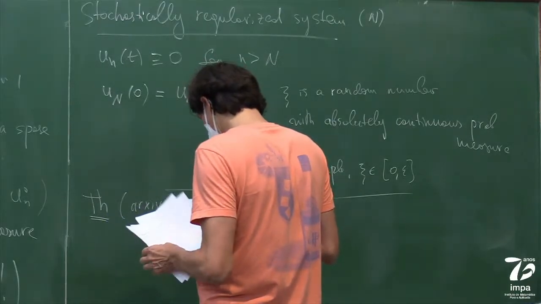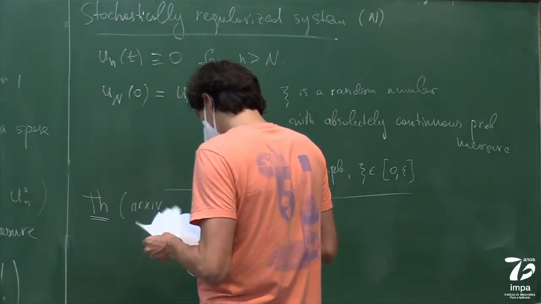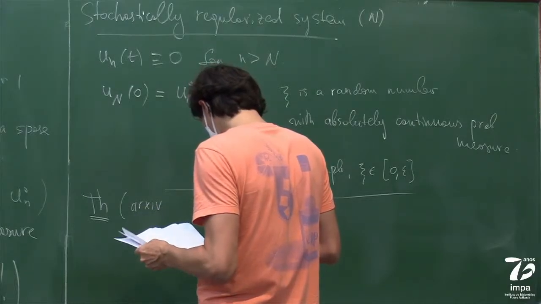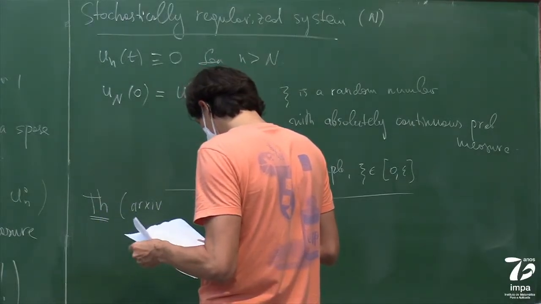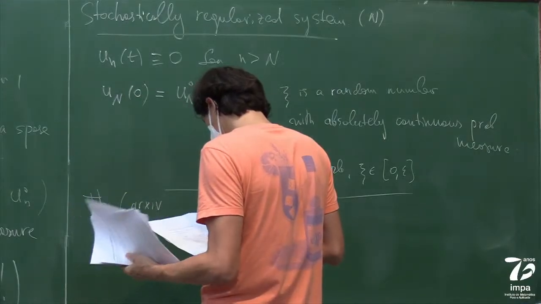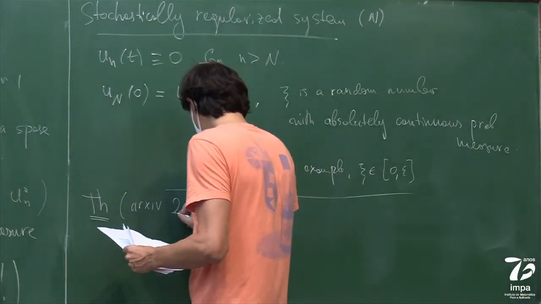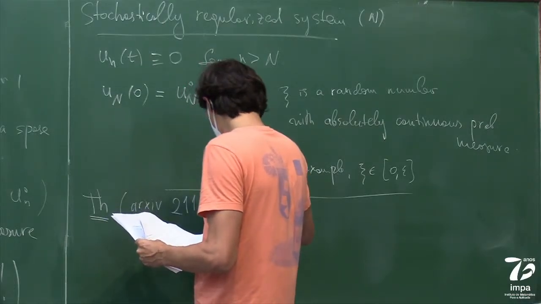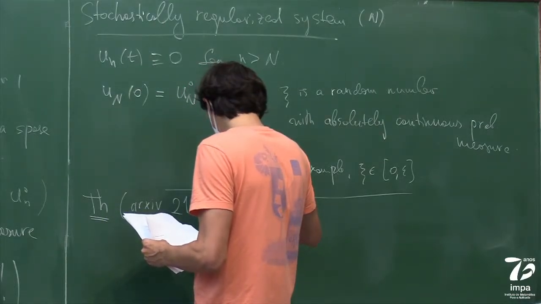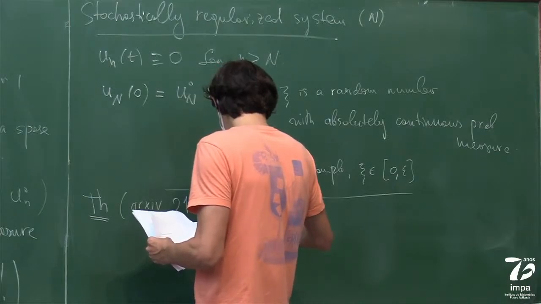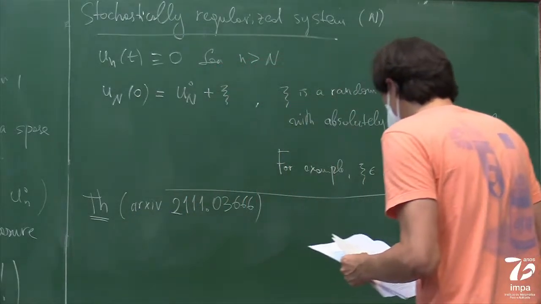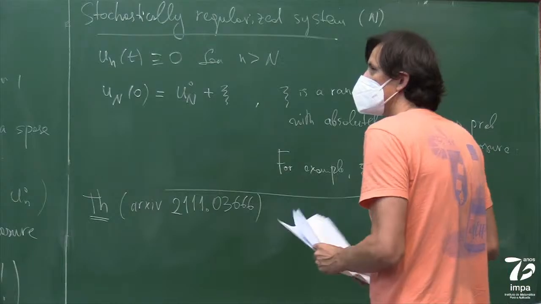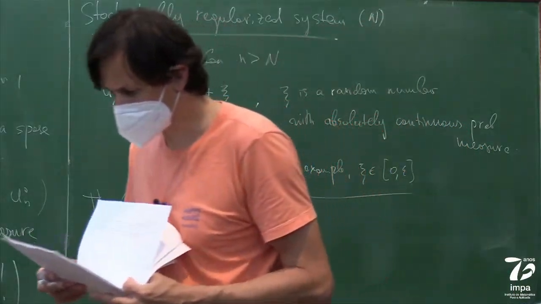It's an arXiv paper by myself and Artem Raibekas, with the number 2111.03666. You can take it from my webpage, for example. The name is Spontaneous Stochastic Arnold Cat.